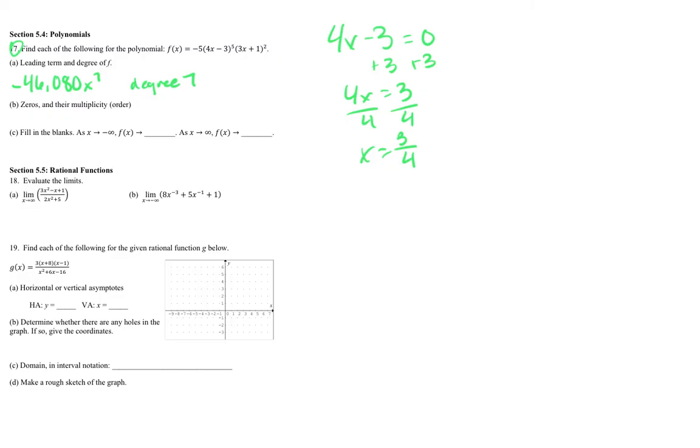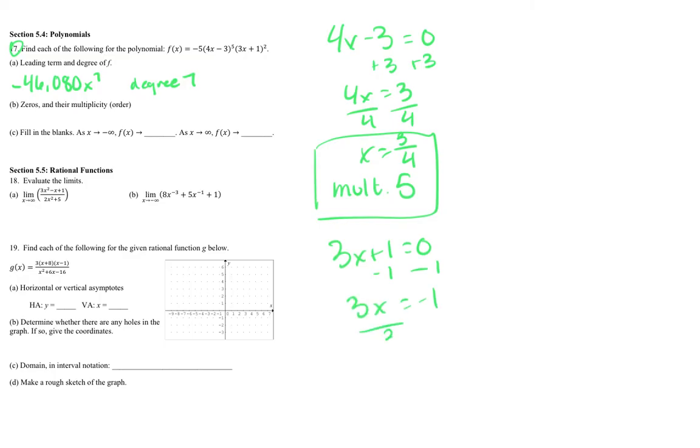So it's going to have a multiplicity of 5. And our other one is 3x plus 1. We set that equal to 0. Subtract by 1. Divided by 3. X is equal to negative 1/3. And we see that one has the power 2. So it's going to have multiplicity 2.